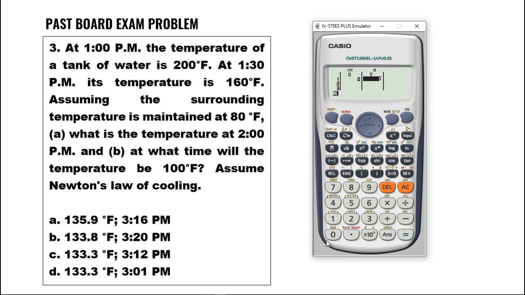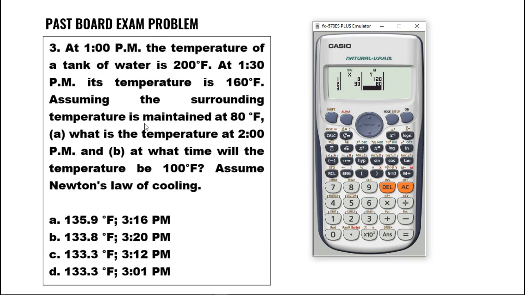So 200 minus 80 surrounding temp. Then we have here at 1:30. So that is after 1 p.m. 30 minutes after. So at time 30 minutes, okay, at time 30 minutes, you have here 160 degrees Fahrenheit. So 160, change of temp. So minus surrounding temp, 80.